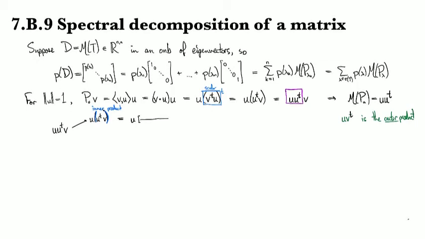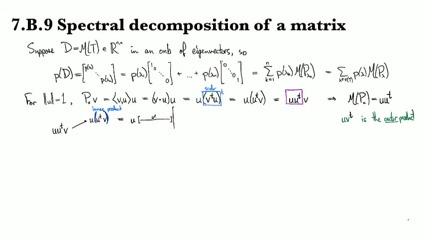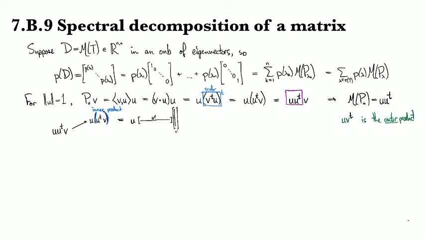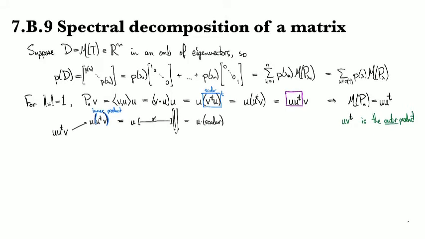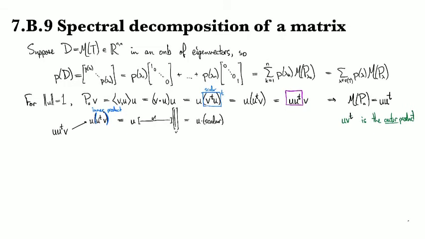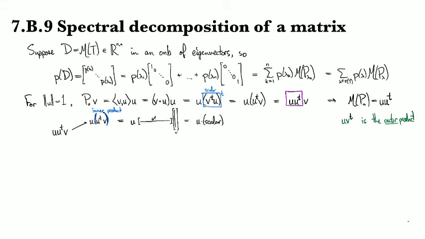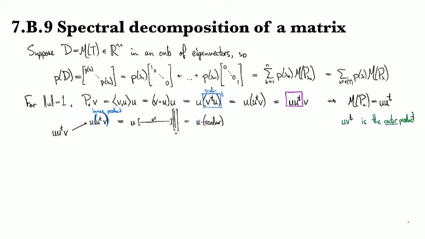So u transpose is a row vector, and then we have our column vector v that looks like this, right? And so this is going to end up looking like u times a scalar, and that scalar is u dot v. Sorry, I did not mean that this is a dot product. This is just the regular scalar multiple of u by a scalar.